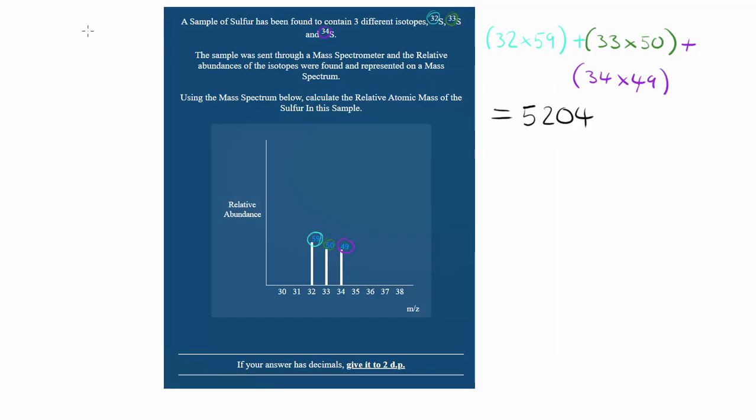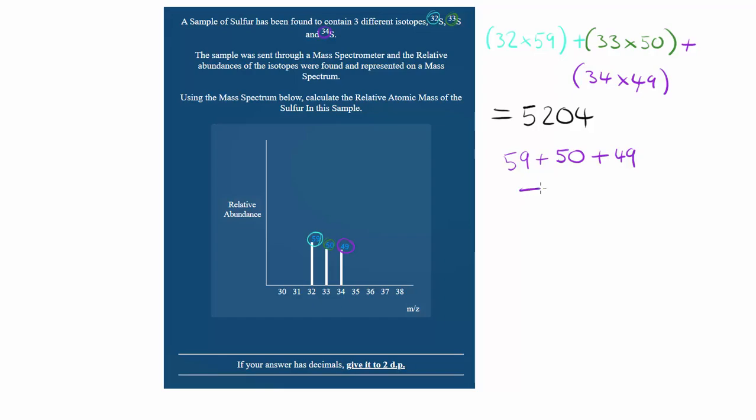If we add up the relative abundances, which is the next step, and it's very important to check this, it's just going to be 59 plus 50 plus 49. It's quite obvious, even by inspection, that this is not going to add up to 100.